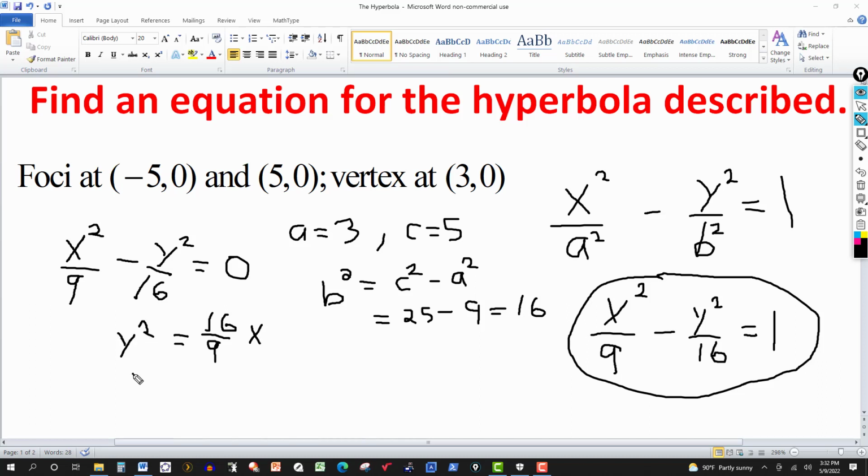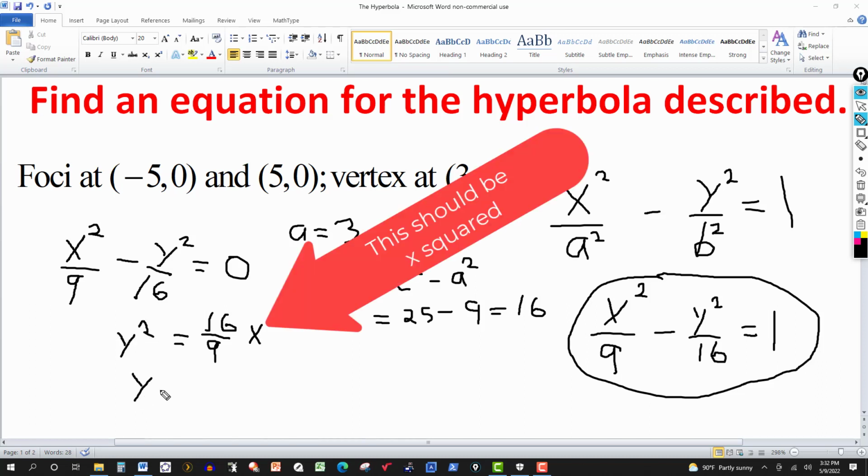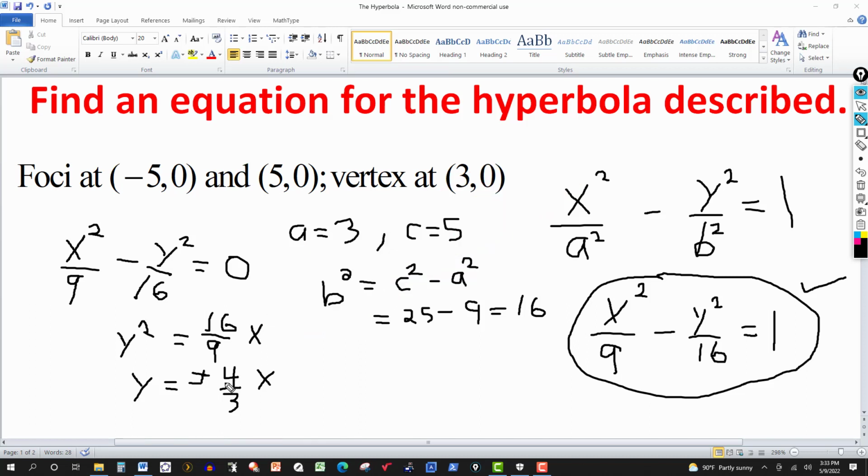And we take the square root, plus or minus. So this gives me plus or minus 4/3 times x. Those are the asymptotes of the hyperbola. Like I said, this is all we need for this one. This is what the problem wanted. But I'm just giving you some extra information, because we'll use that in the next problem, next video.